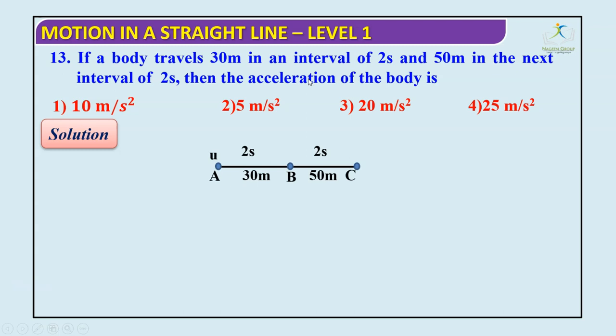So this is a body which is traveling from position A to position B. It takes 2 seconds to cover 30 meter, and B to C takes 2 seconds and covers 50 meter. So we apply here the formula S is equal to ut plus half at square, which is the second equation of motion.